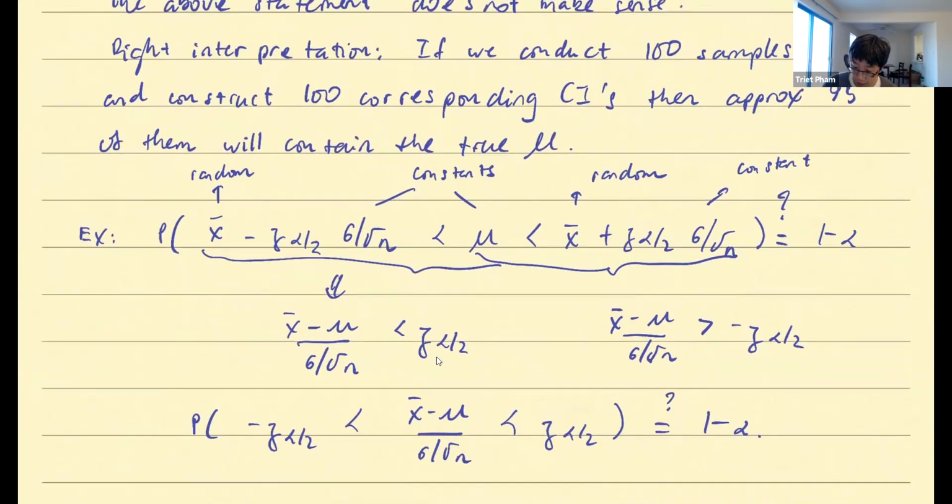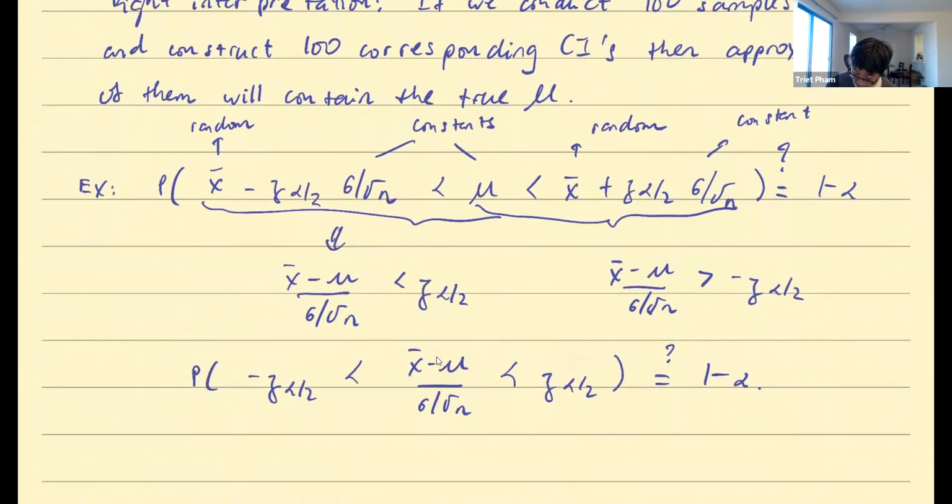But of course, you realize that this is where our sampling distribution of the sample mean comes in. If you have a normal sample, then x bar, the sample mean, exactly has a normal distribution with mean mu and variance sigma squared over n. Therefore, this is just a standardization, the z transformation, of the sample mean. So this exactly has the standard normal distribution.